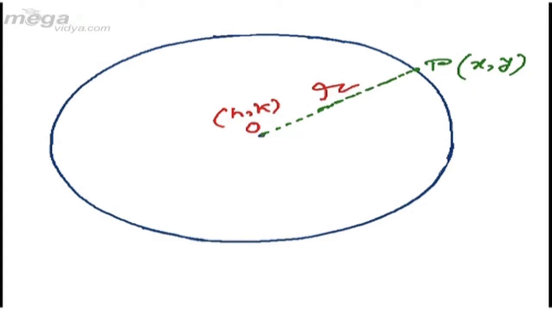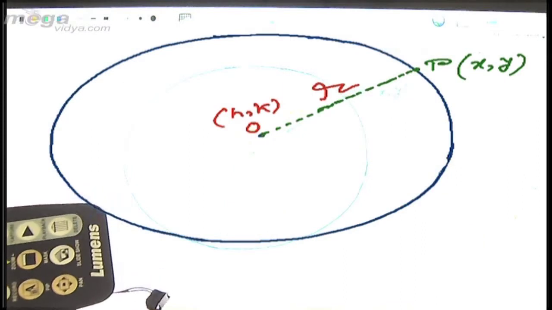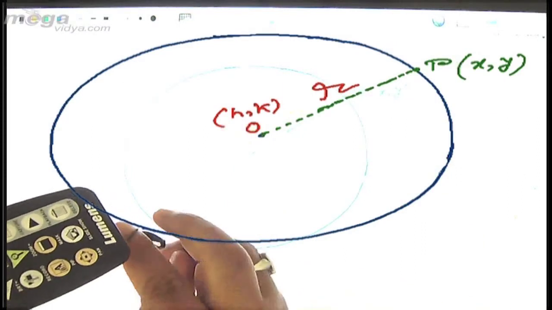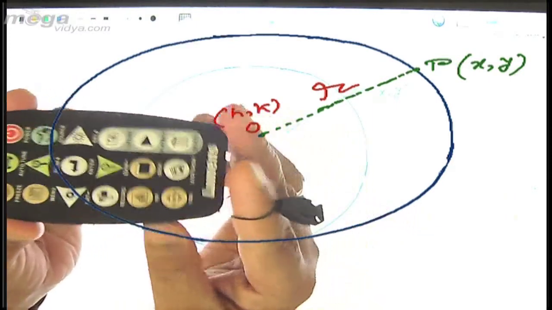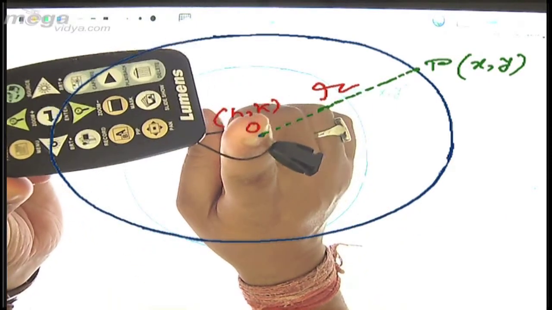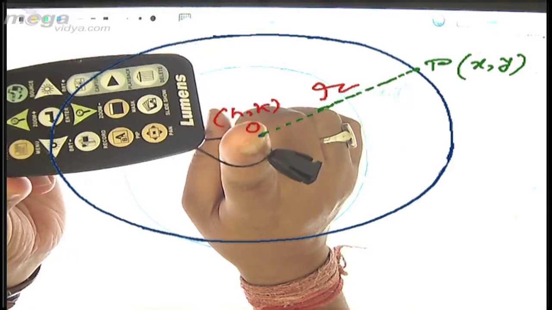Just like we did practically here, the distance of the tip of this one is always the same from the finger.